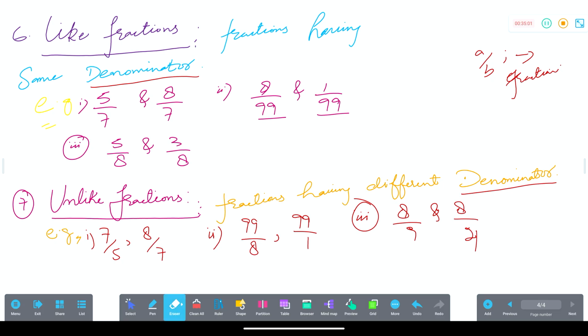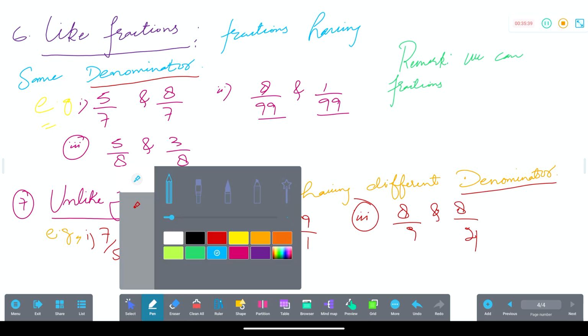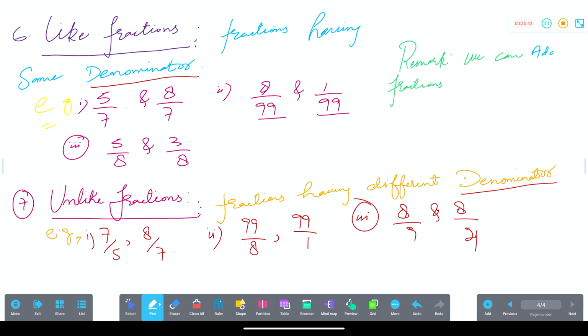That will help us in the next part of the chapter when we go for the operations of fractions. Remember, I am writing a remark here.